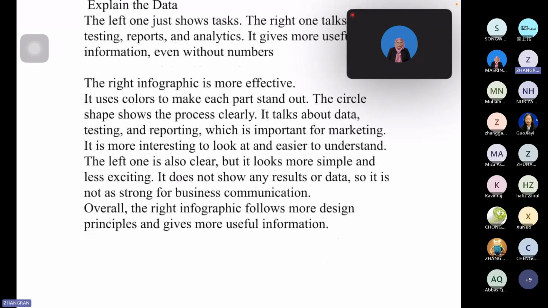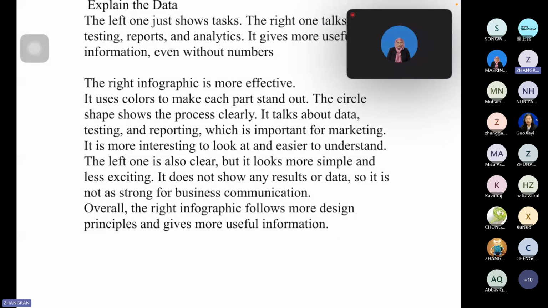The left picture is very clear, but it only uses two colors, blue and yellow. So I think it's a little simple, and it doesn't show any results or data.